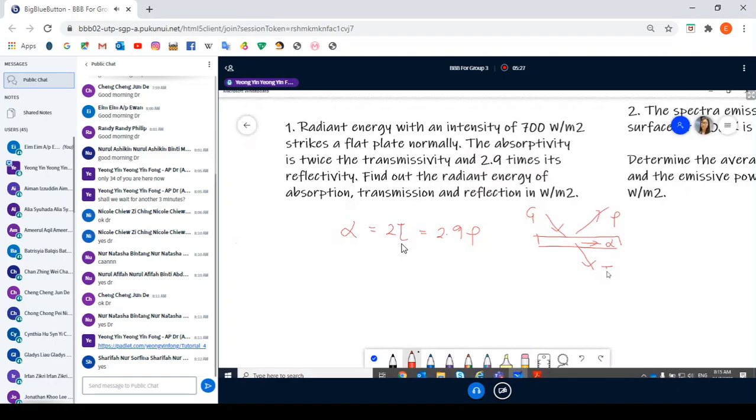The question is asking you to find the radiant energy of the absorption, transmission, and refraction, meaning that you need to find the refracted energy, which equals reflectivity times the incident radiation, which is 700 in this case, and then the transmitted energy and the absorbed energy.